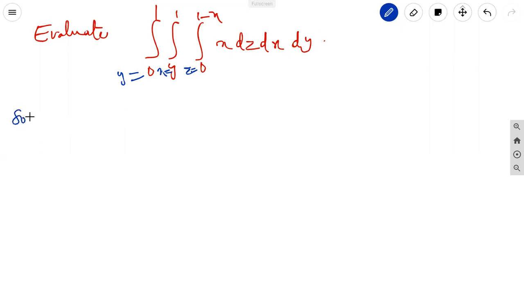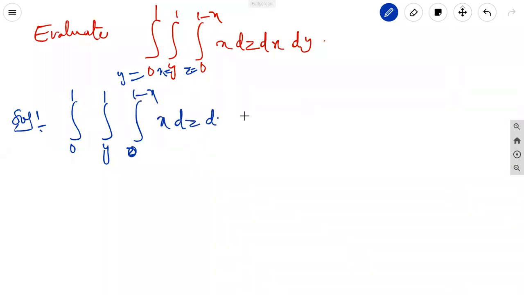We can take the given integral as integral 0 to 1, integral y to 1, integral 0 to 1 minus x, dz dx dy. Here the outer variable y means y equals 0 to 1.